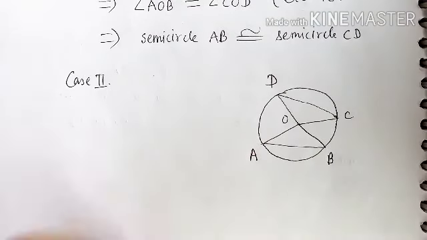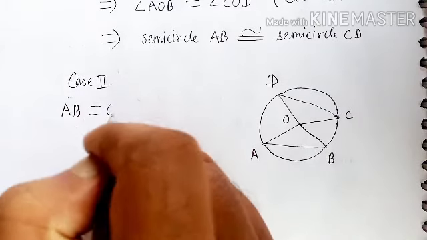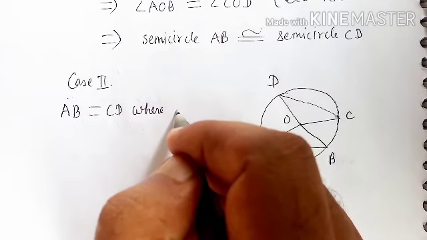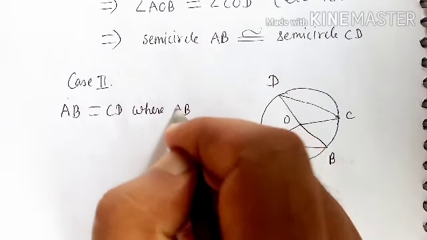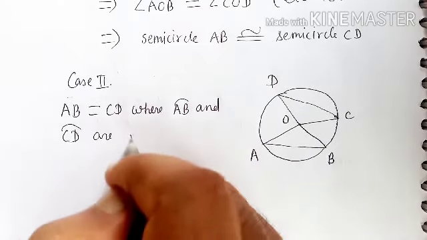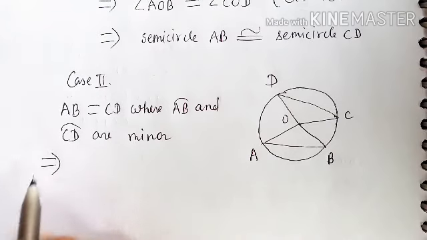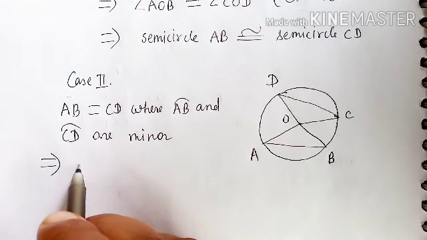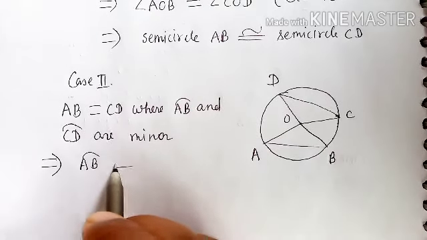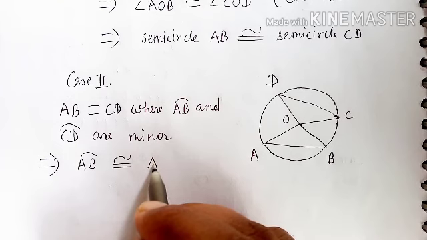Case 2: when chord AB is equal to chord CD, where arc AB and arc CD are minor, then we have to show that arc AB is congruent to arc CD.